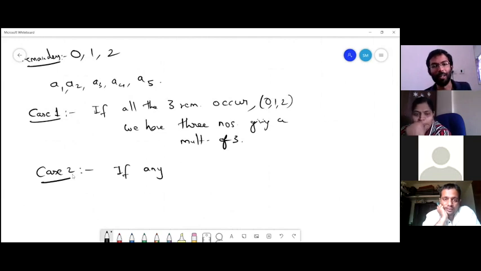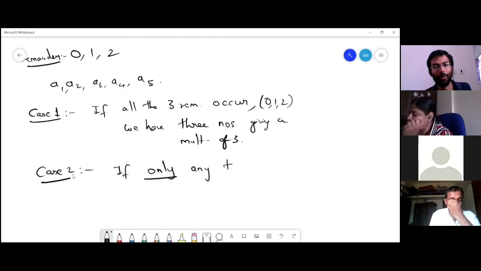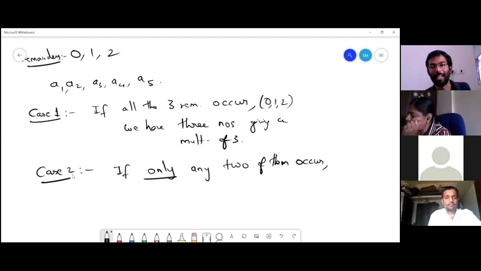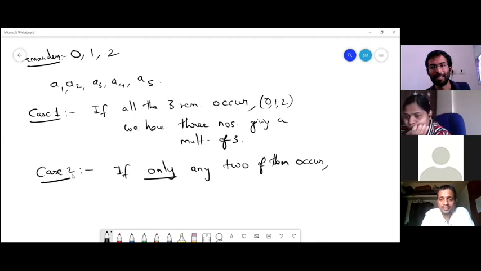If only any two of them occur, then what can we say? We have A1 to A5, but we have only two of the remainders occurring. So in this case, how does the argument go?